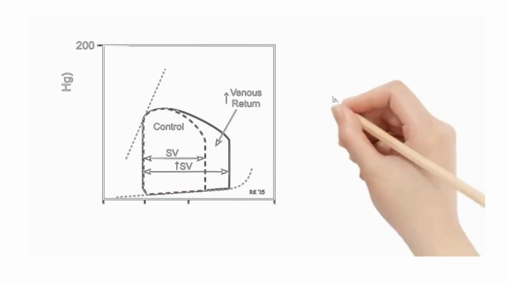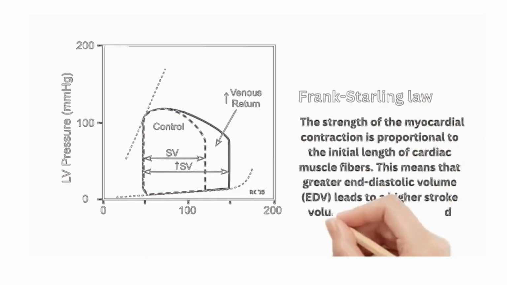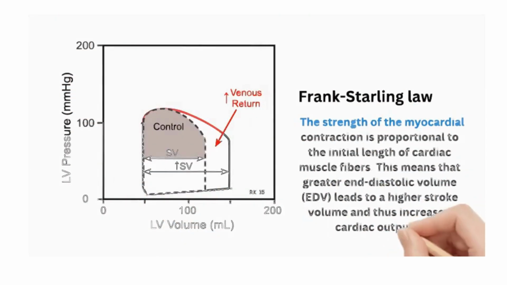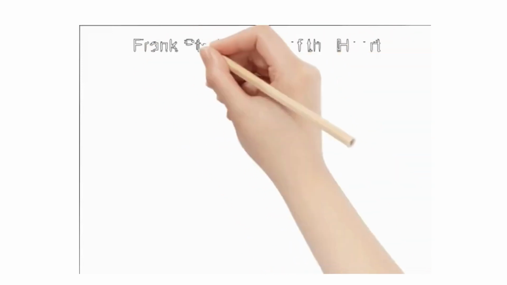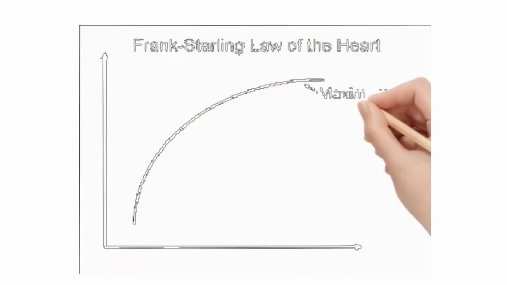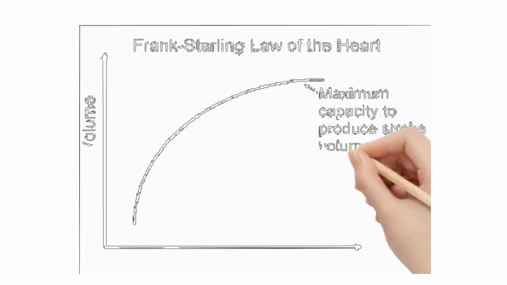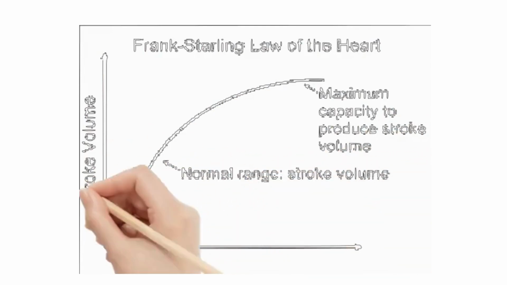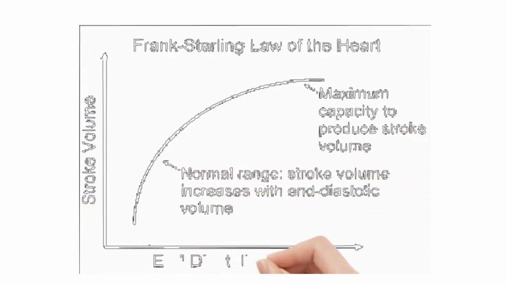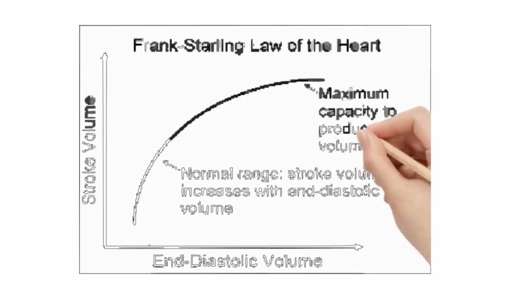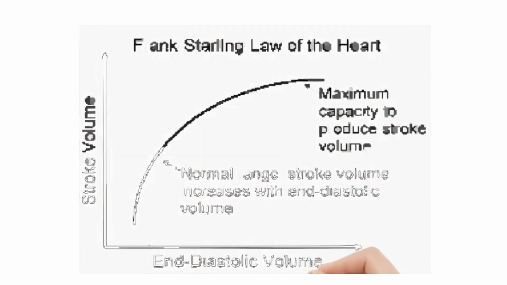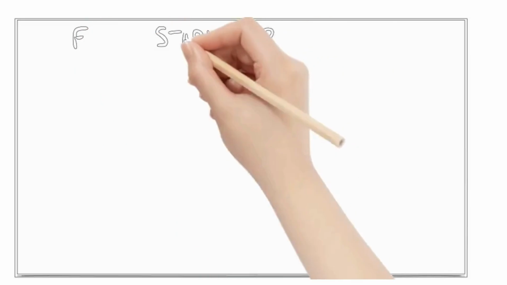Now, the Frank-Starling law itself states that the strength of the myocardial contraction is proportional to the initial length of cardiac muscle fibers. This means that greater end-diastolic volume, EDV, leads to a higher stroke volume and thus increased cardiac output. This mechanism helps maintain balance between the outputs of the right and left ventricles.